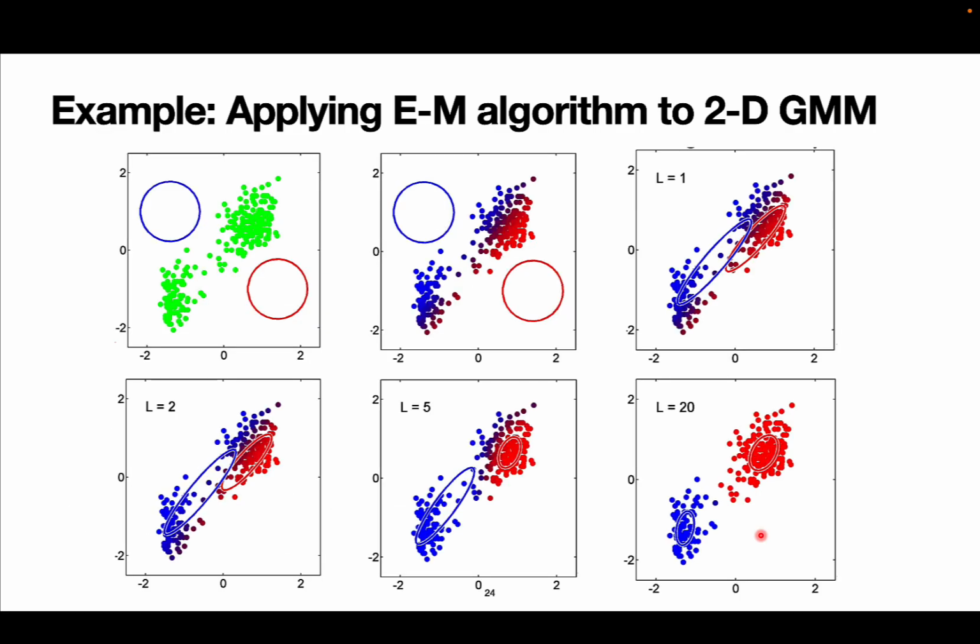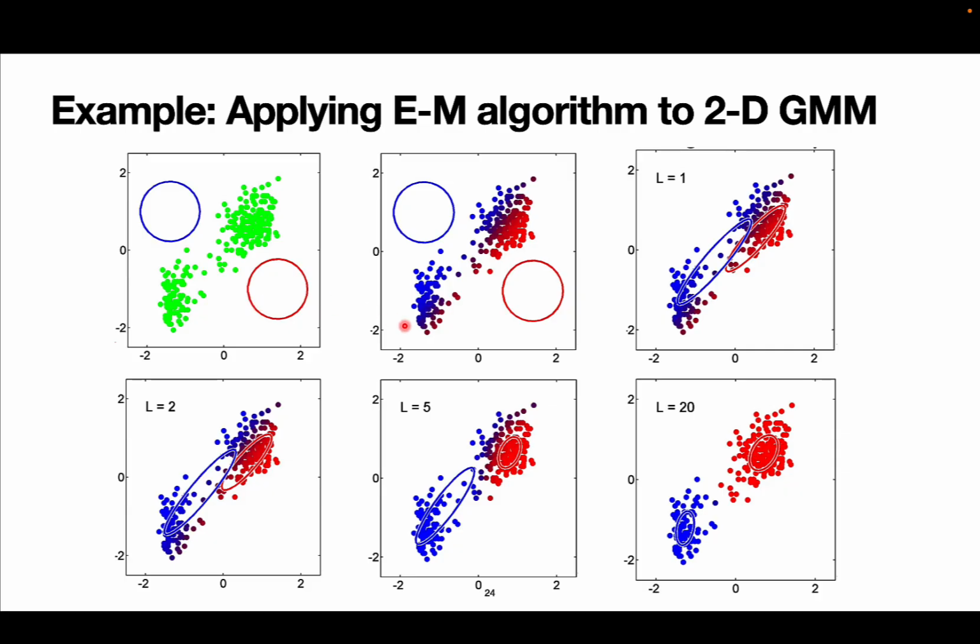This example shows how the EM algorithm fits a two-dimensional Gaussian mixture model. We start with unlabeled data and an initial guess for Gaussian parameters. The circles indicate the initial component locations.